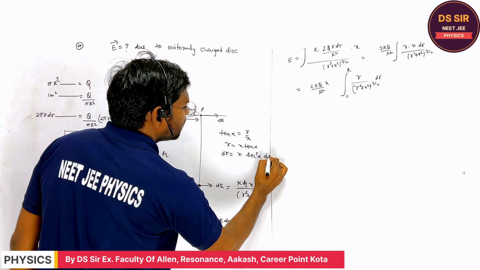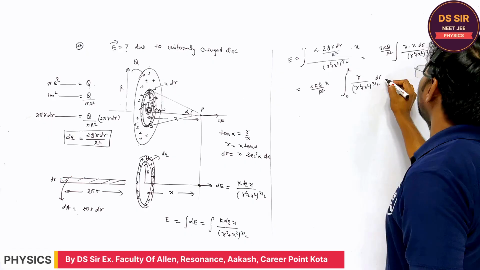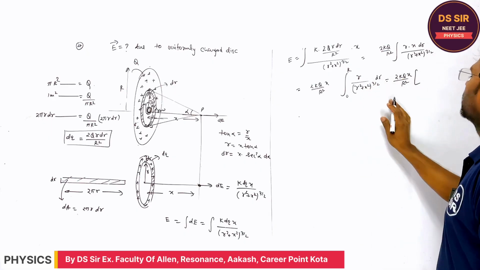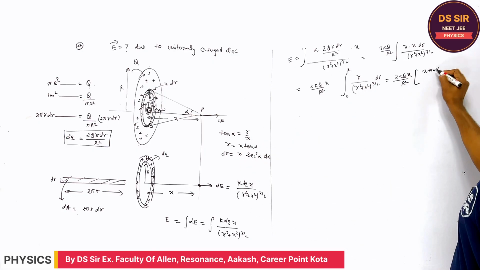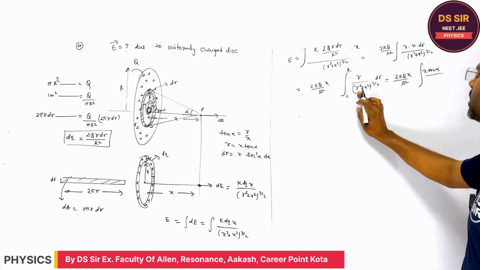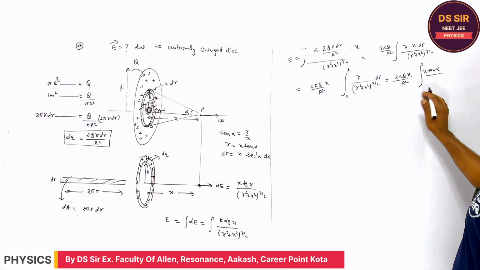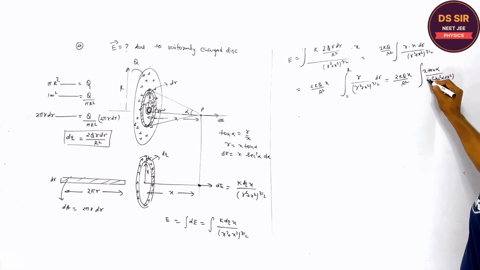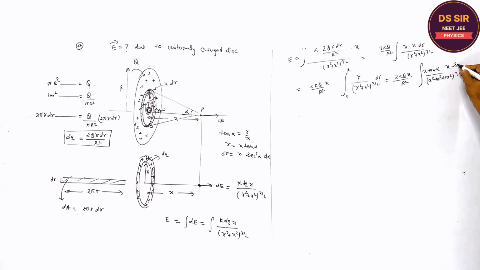So I am converting the variable from dr to alpha. Here you can write 2kqx upon r square, where I write the r value as x tan alpha, divided by (x square tan square alpha plus x square) raised to the power 3 by 2, and the dr value is x sec square alpha d alpha.